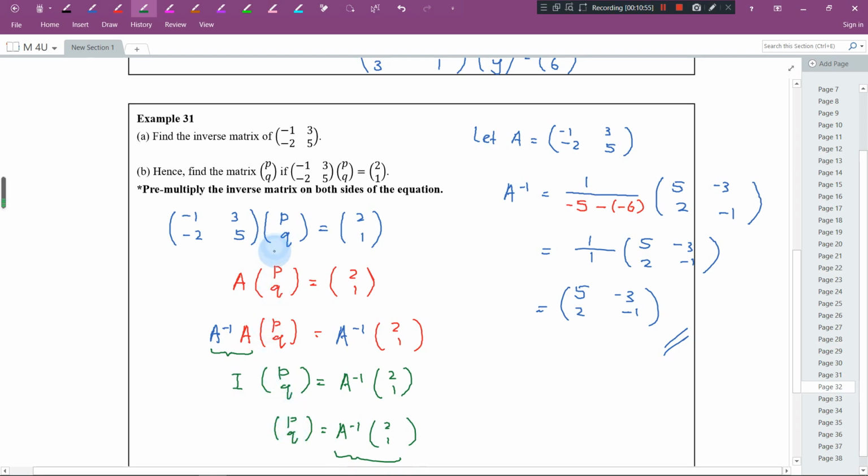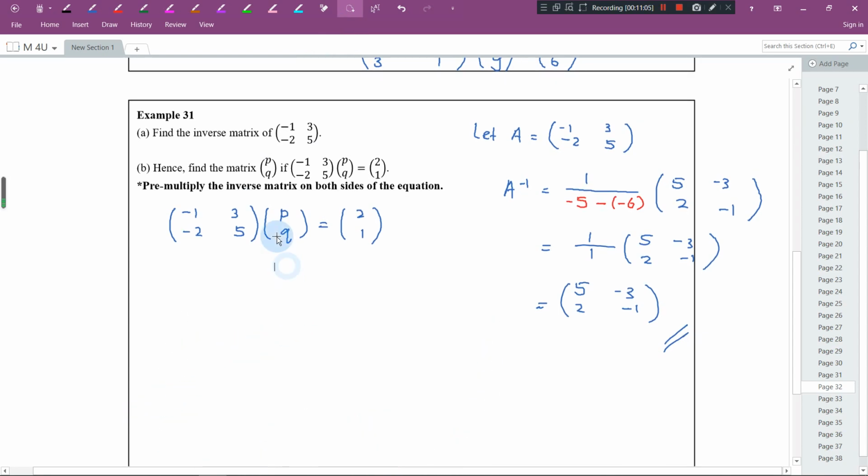In the exam, actually, you don't have to write it this way. This is just for explanation. In the exam, you can do it this way. Now I know that I want to get rid of this, so I need to multiply both sides by the inverse matrix of this matrix, right? But I also know that when I multiply the inverse matrix on this side, it will become I, so I don't have to write it.